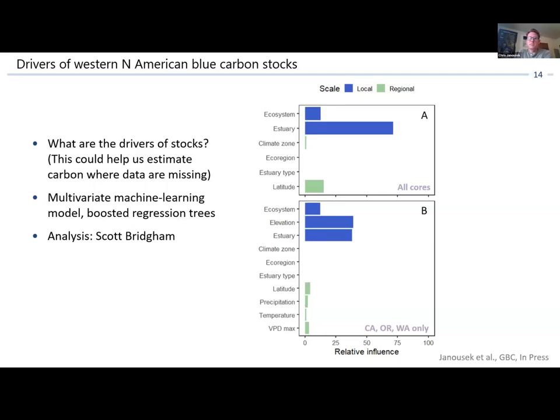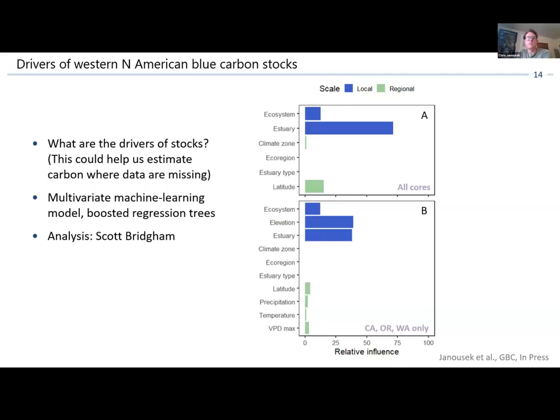Are you in the Mediterranean ecoregion of California or the maritime region of the Pacific Northwest? The type of estuary, are you a drowned river mouth estuary? Are you a lagoon? And then latitude. So the take-home message from this is that for the whole coast of North America, estuary was actually the most important factor.